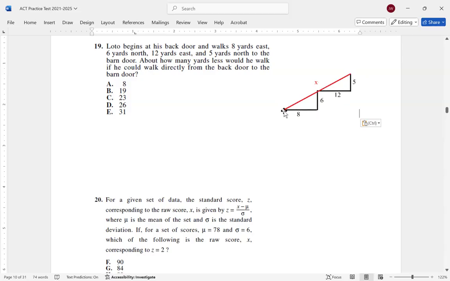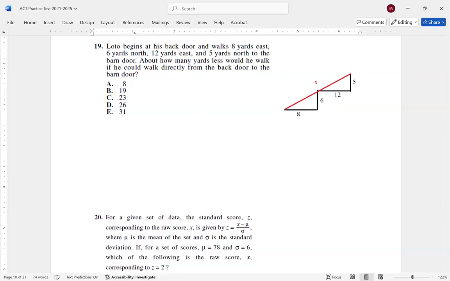I'm trying to find the value of X and then figure out how many yards less that would be than walking all of these. Now, I want to point out that the amount that he is walking right now is just 8 plus 6 plus 12 plus 5, and that means he's walking 31 yards.